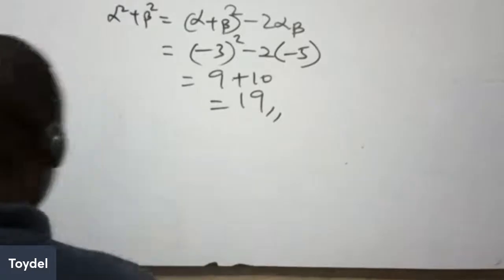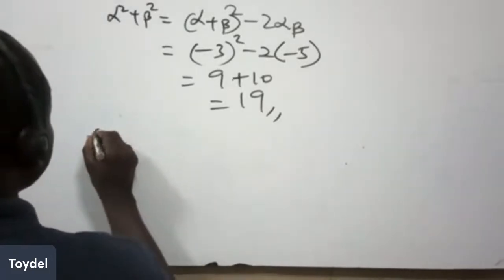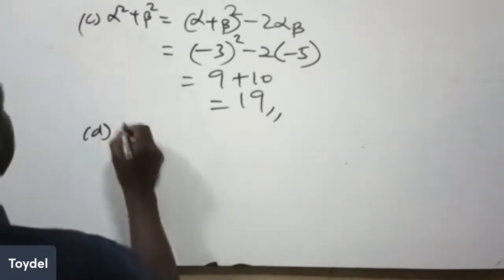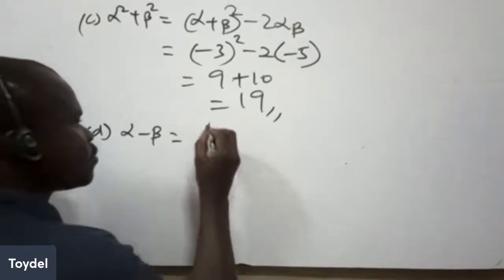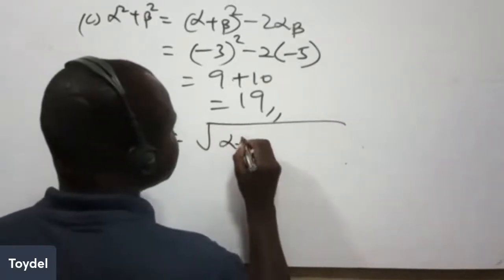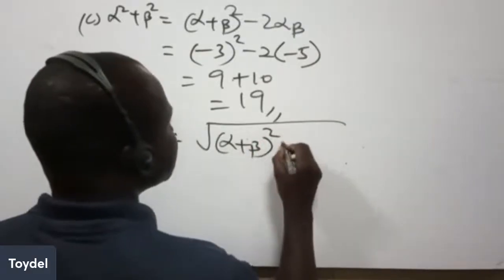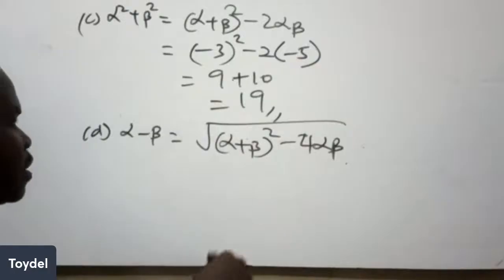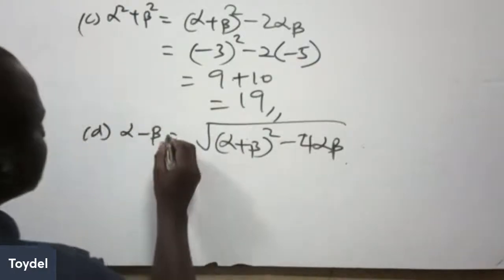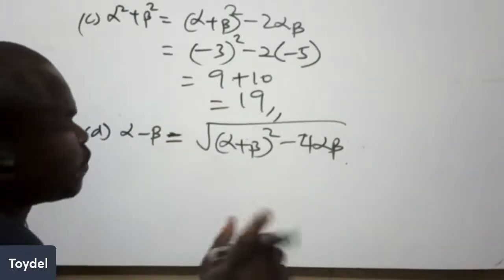Then where we have D, this is C, where we have alpha minus beta. So alpha minus beta, we can express it as square root of alpha plus beta all squared minus 4 alpha beta. Please, the expression of this, you can get it. Just check my video on theory of quadratic equation.